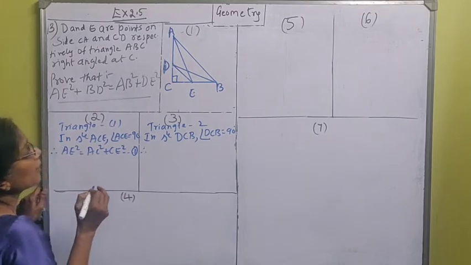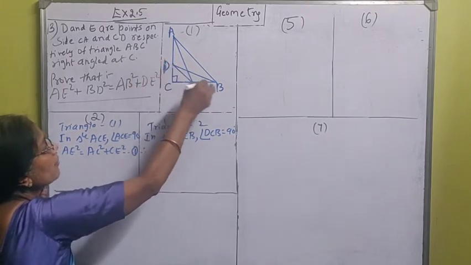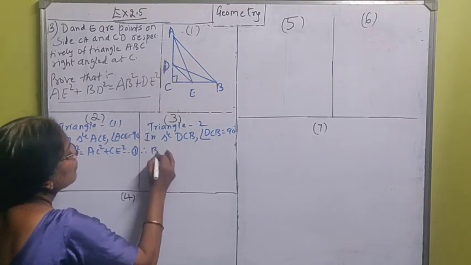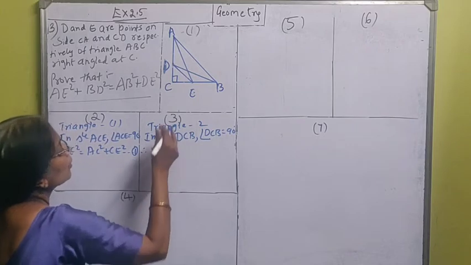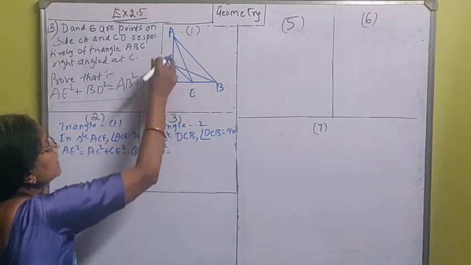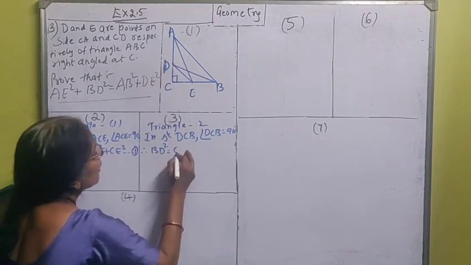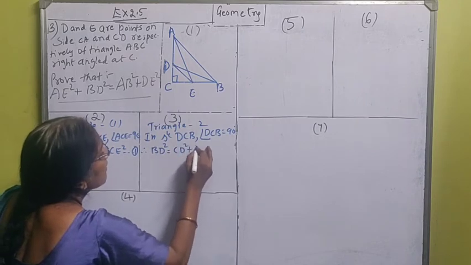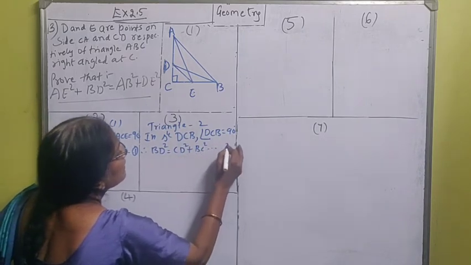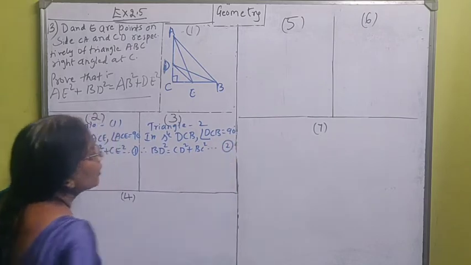Therefore, apply the Pythagoras theorem. Which is the hypotenuse? BD. So BD square is equal to, which are the other two sides? CD and BC. So you can write CD square plus BC square. This is your equation number 2.